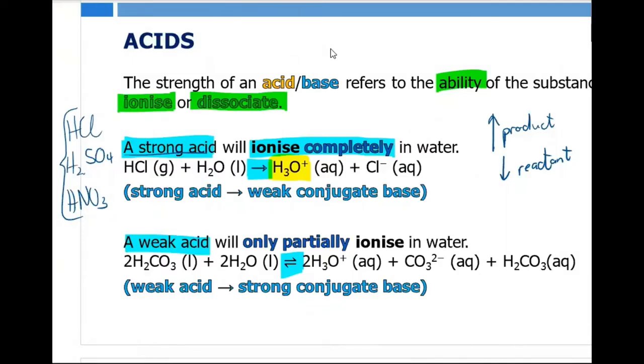So the double arrow must tell us, even if you haven't done equilibrium yet, that you've got product and reactant present. It's not really leaning towards one side. Both are present, not always in equal amounts. Don't worry about that. But if you see a double arrow, that tells us that it only ionizes partially. You can also say that it doesn't ionize completely.